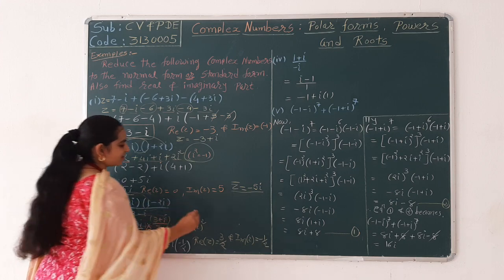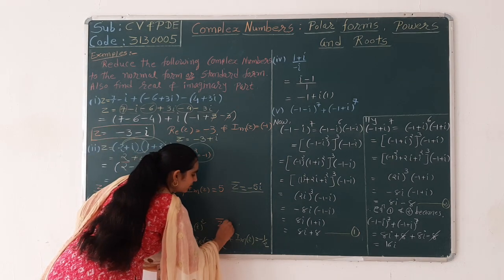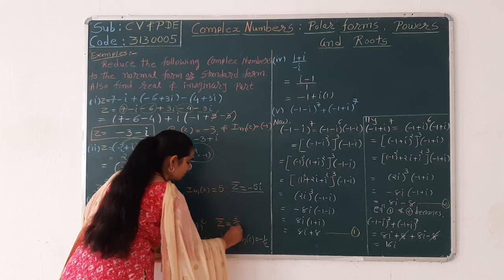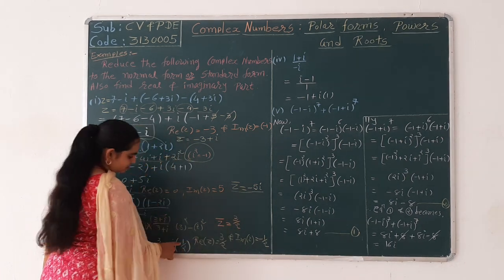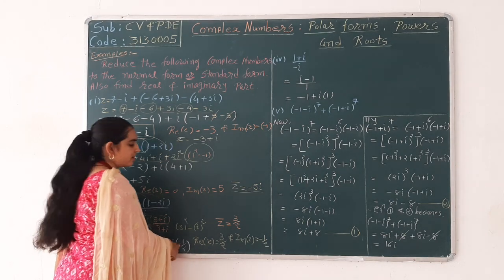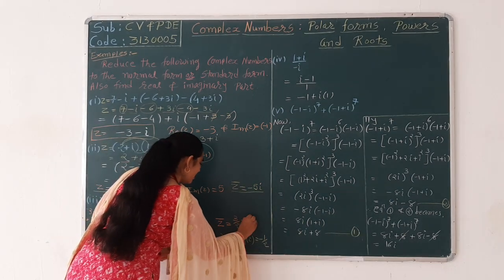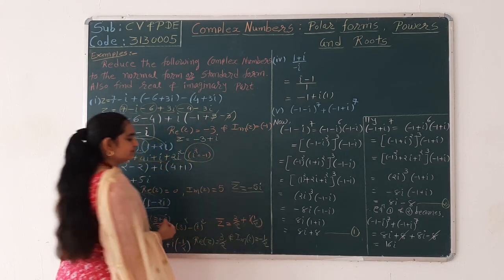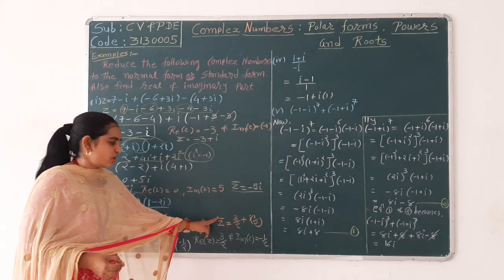Also the complex conjugate Z bar. What is Z bar? Z bar is equal to 3 by 2 plus I into 1 by 2. This is your complex conjugate.